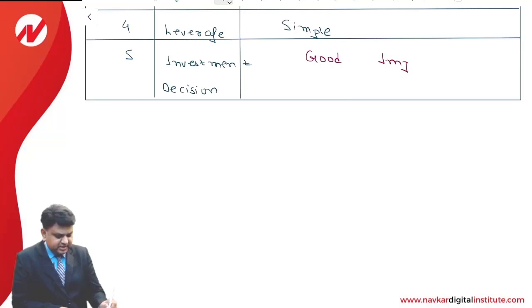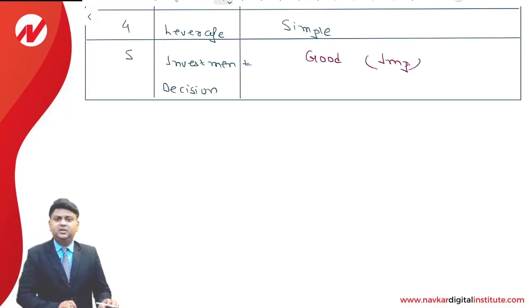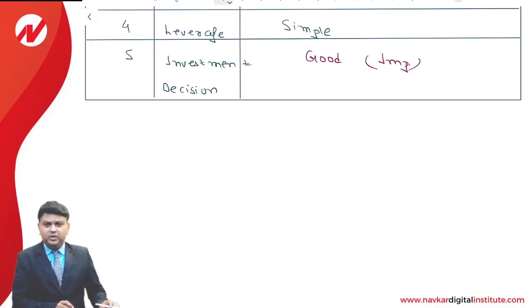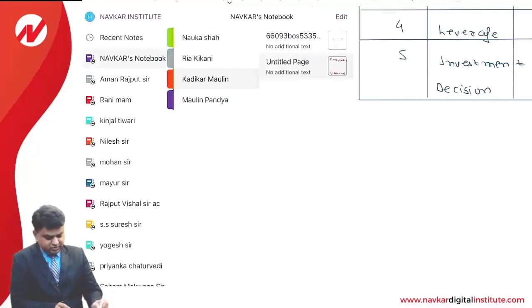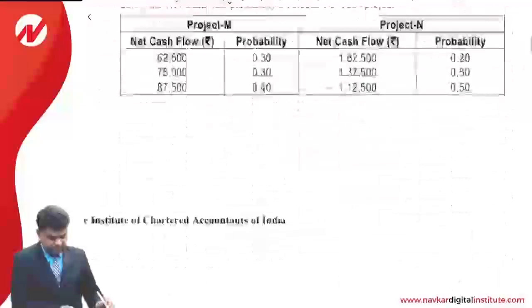This is an important question, so you need to revise it before examination. Recently in July 2021, a question was asked in examination wherein the concept of the block of assets was tested by the institute. So a good question once again.